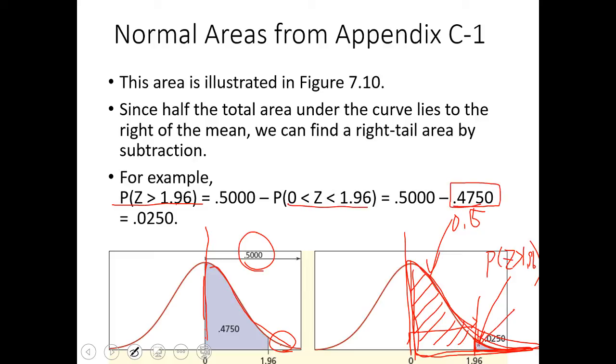So the remaining area in the right tail is 1 over 2 minus 0.4750, and finally we obtain 0.0250. So this area is 0.0250.